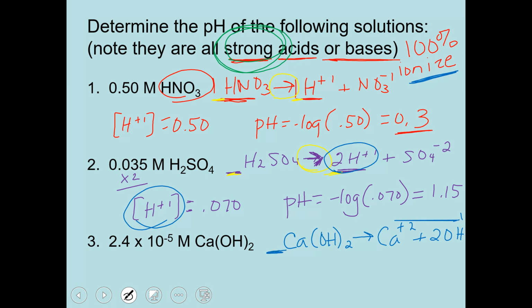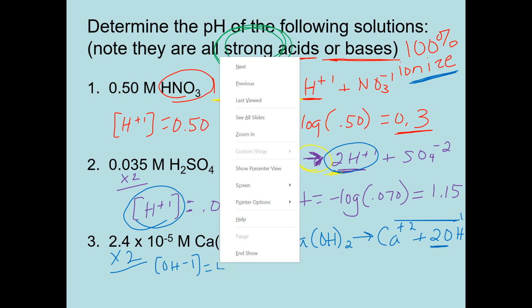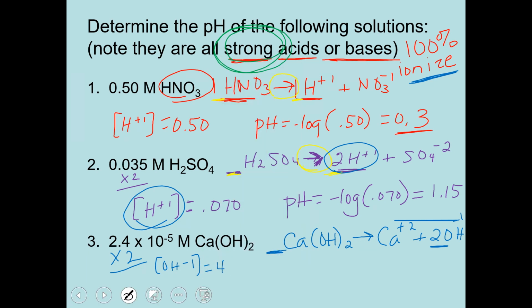You can see that for every one calcium hydroxide, you get two hydroxides. So I'm going to double this, just like I did in number 2, and that is going to give me the hydroxide concentration of 4.8 times 10 to the negative 5th.